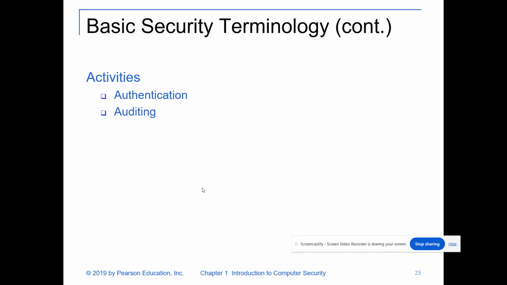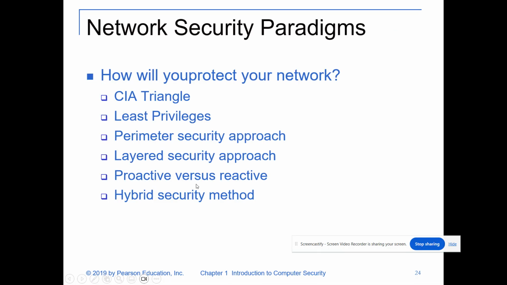And then we have auditing, the process of reviewing logs, records, and procedures to ensure that established standards are being met. Ultimately, a very tedious but critical aspect of basic security.